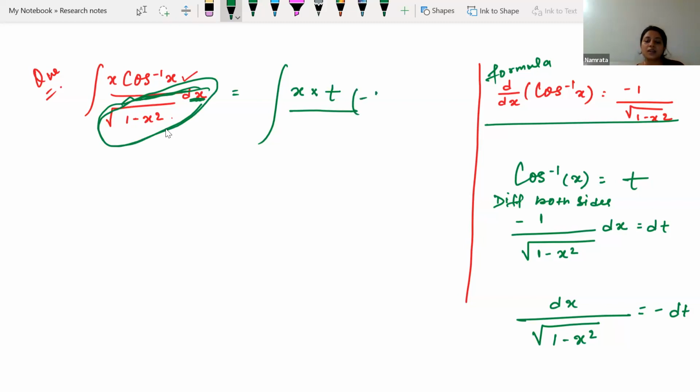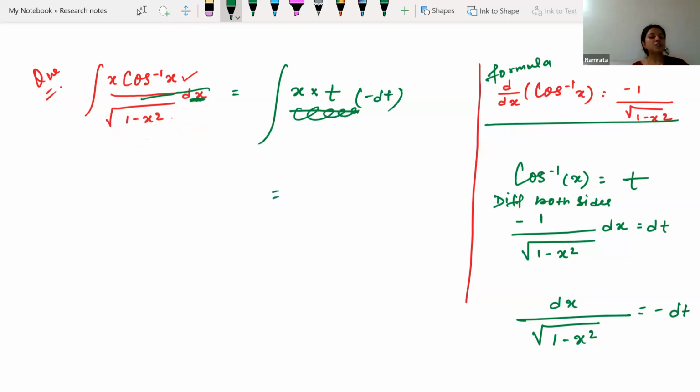So can I write it directly as minus dt? Is there any denominator? No, there is no denominator.